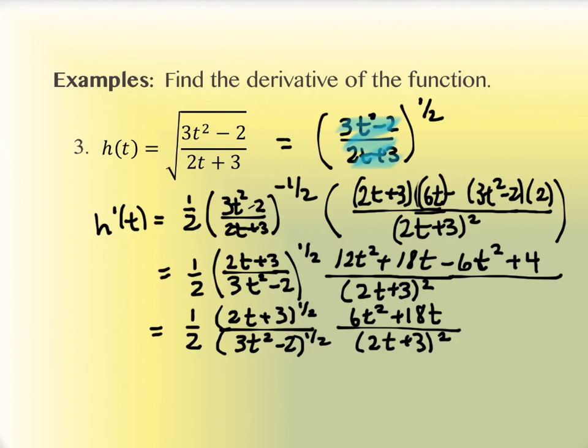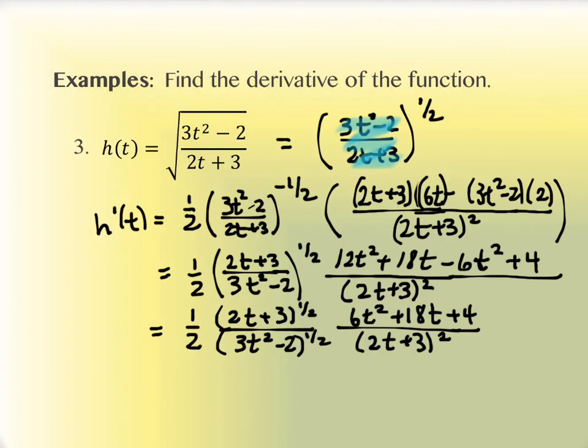Plus 18t plus 4. There are two things that simplify. One of them I've already mentioned. Do you see the other one? It's the easier simplify. The one other thing that will simplify. Okay. The 1/2 here in the front can simplify with this piece right here.